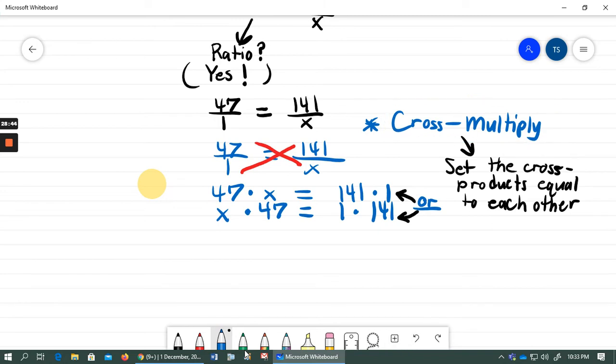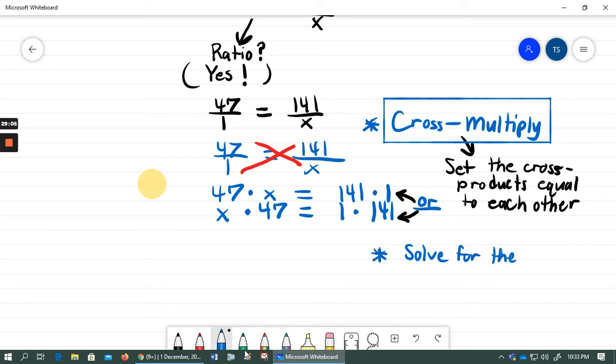Now that we've cross multiplied, we need to actually solve for our variable. Let's solve our equation.